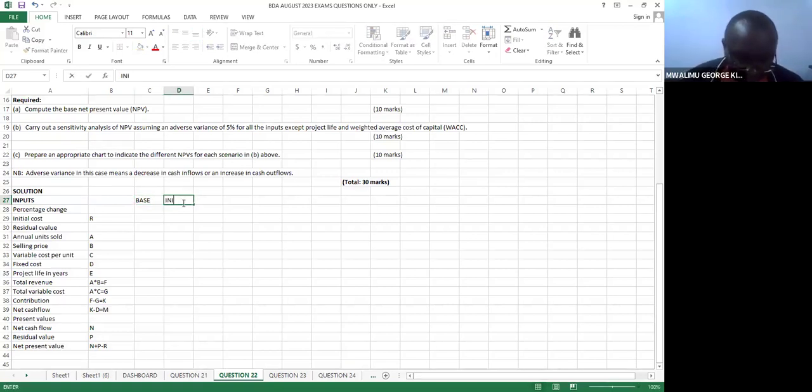So we can start with the initial cost. We can go to annual units sold. We can go to selling price.